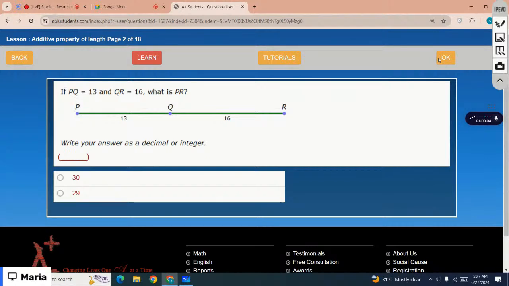So, which is the correct option? The correct option is 29. 16 plus 13 is 29.